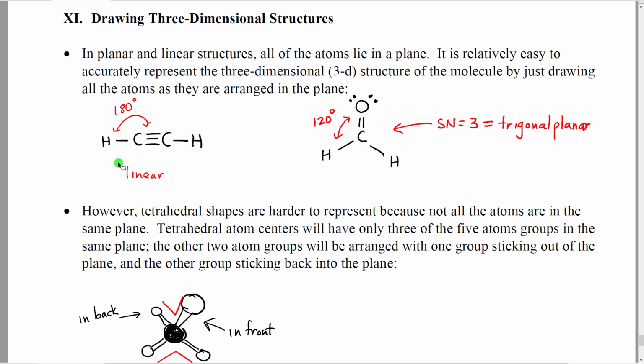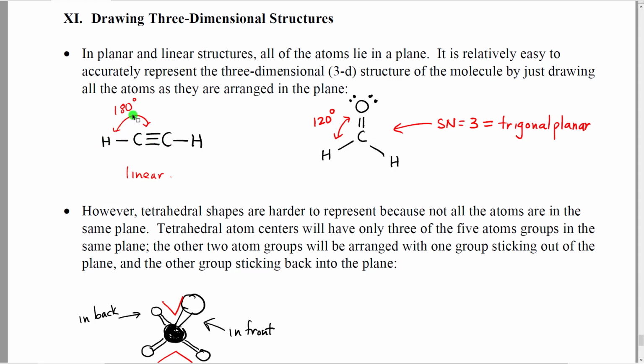So for example, a carbon-carbon triple bond, because the carbons already have 3 bonds on one side, they only have room for 1 bond on the other. And the 3 bonds of the triple bond act like one group of electrons, so they're going to repel this bond on the other. In this case, a bond to hydrogen, they're going to repel that 180 degrees away, which is going to make this linear.